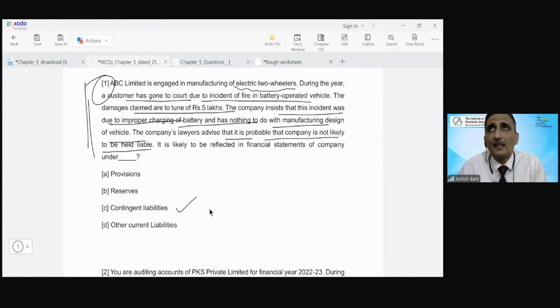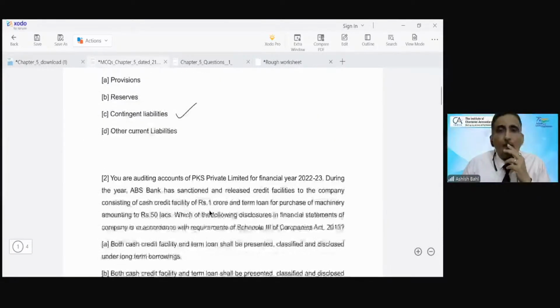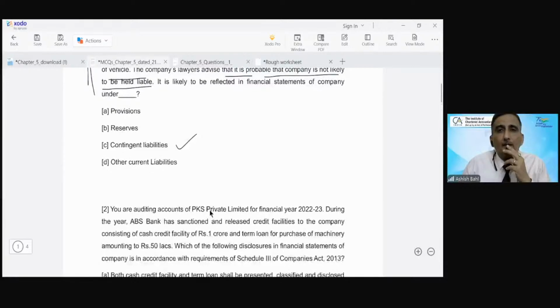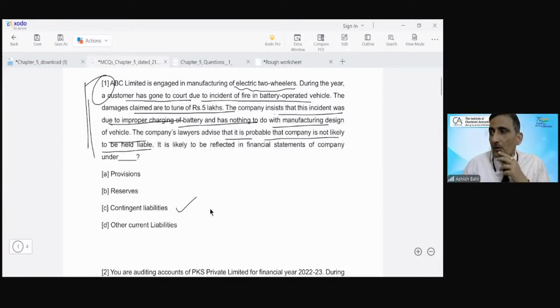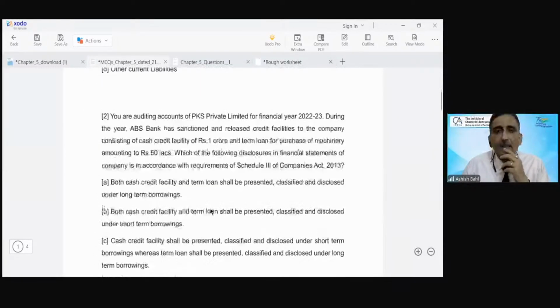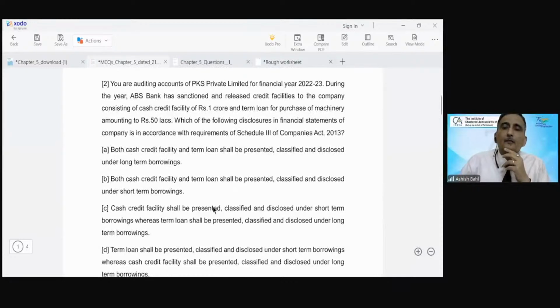It would be disclosed as contingent liabilities in notes to accounts. Okay. So clear. Yes, that's right, Ankit. So question number 2.